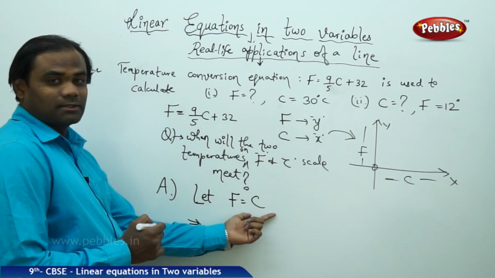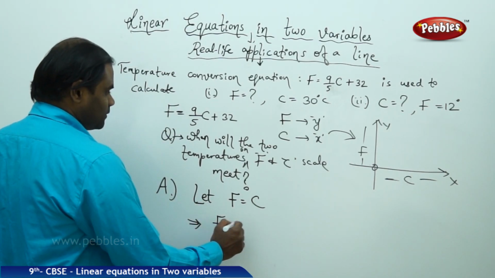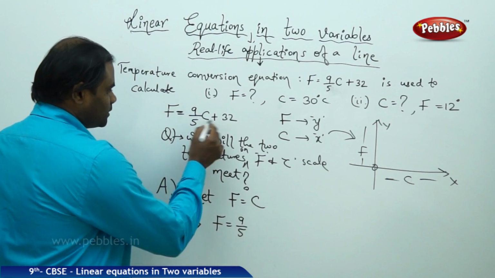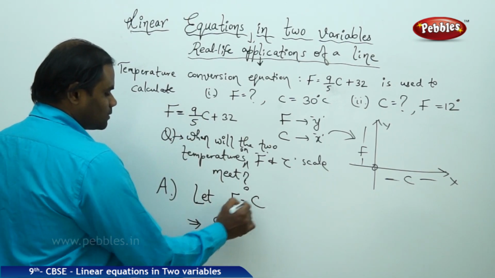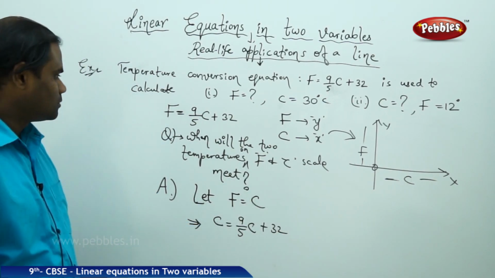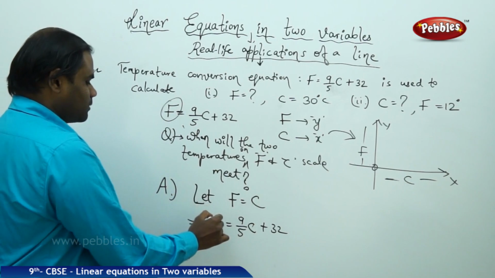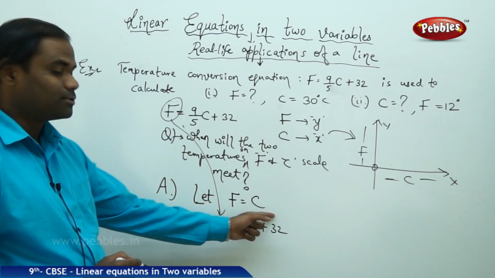Now that F equals C, I substitute in F equals 9 by 5 of C plus 32. So here my F gets replaced with C. This is how I understand the substitution.